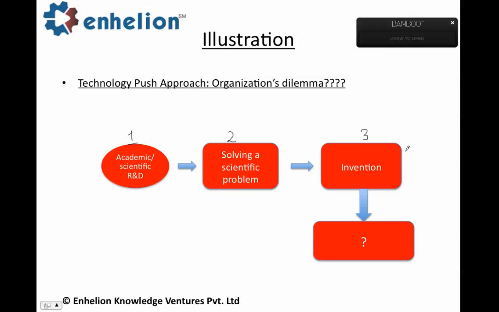But in order to go to the next step, that is the commercialization step or the protection step, there is a problem, because converting that solution into an applied form is often not easy.